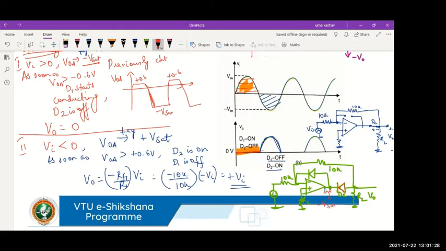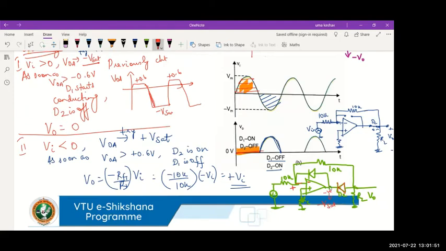When will this become negative? When you give a positive input. So whenever you give a positive input, output will move towards negative because the input is given to the inverting terminal. Yes or no? So since you're giving the input to the inverting terminal, the output tends to become minus Vsat.